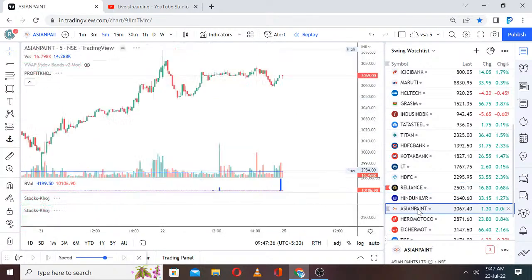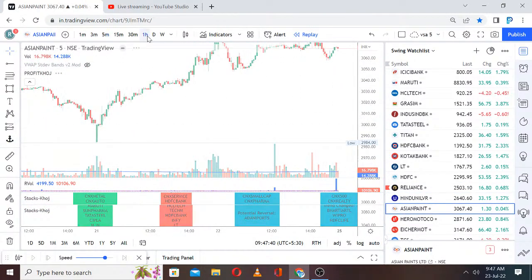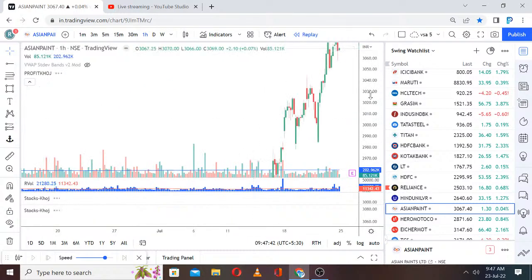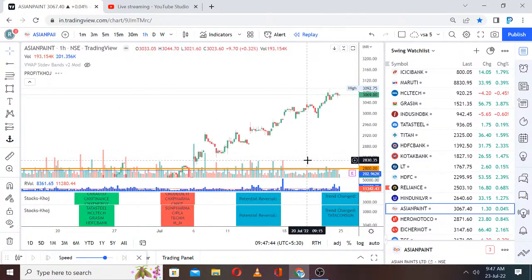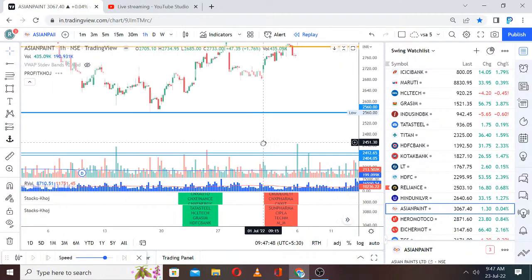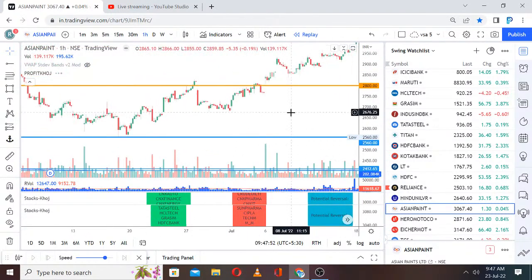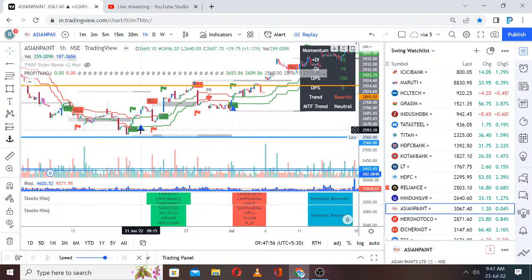Let's see Asian Paint. You see here we have the blue arrow here in hourly time frame.